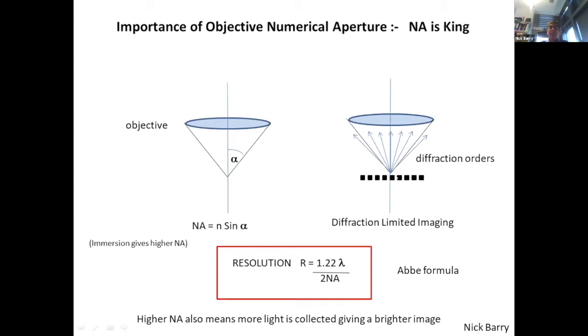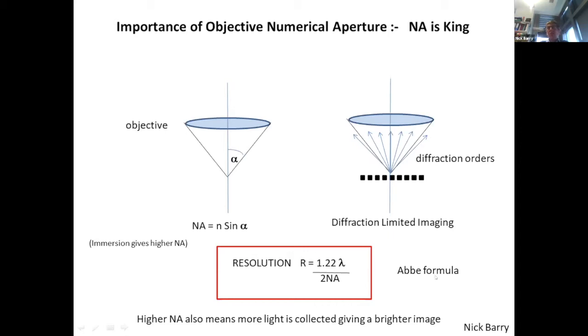So this is Abbe's experiment in a sketch form. We've got this hypothetical object of perfect contrast, light, dark, light, dark, light, dark, that's producing diffraction orders. And in this sketch, you can see that some of these diffraction orders make it into the collection cone of the lens and some don't.